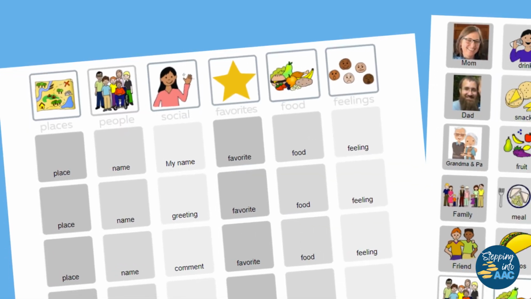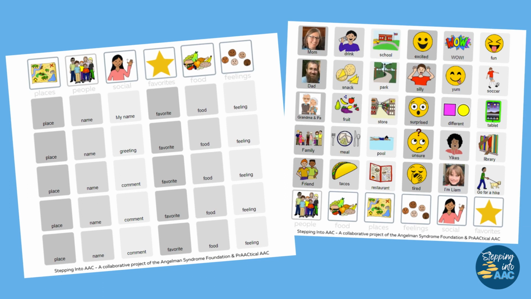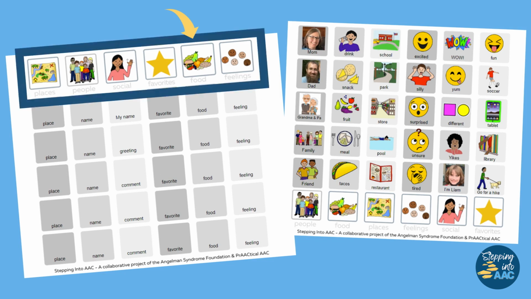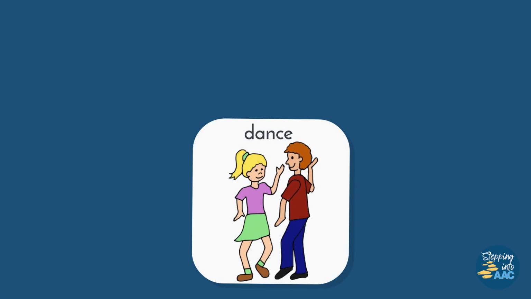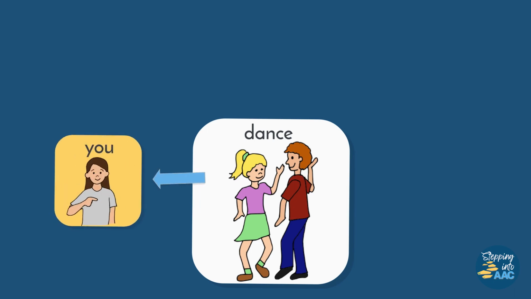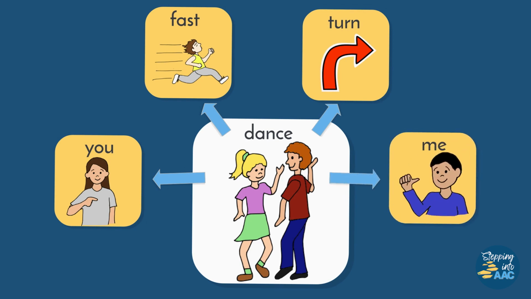Think broadly about what is most important, relevant, or motivating to your AAC learner. Food choices tend to be among the first things we think of, but also consider people, places, activities. For instance, if your AAC learner loves to dance, find dance or add it to their system. Pair it with core words to say, you dance, dance fast, turn, dance with me.